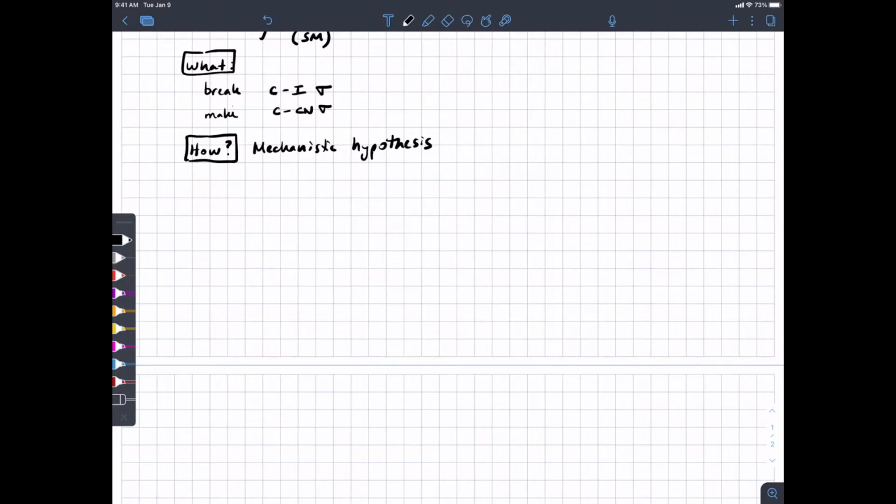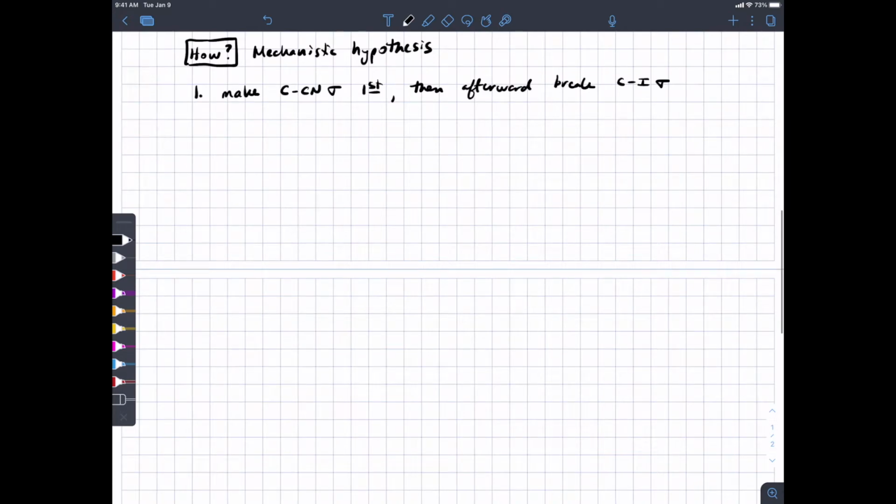So option 1 could be that we make the carbon-carbon bond first, and then afterward we break the carbon iodide bond.